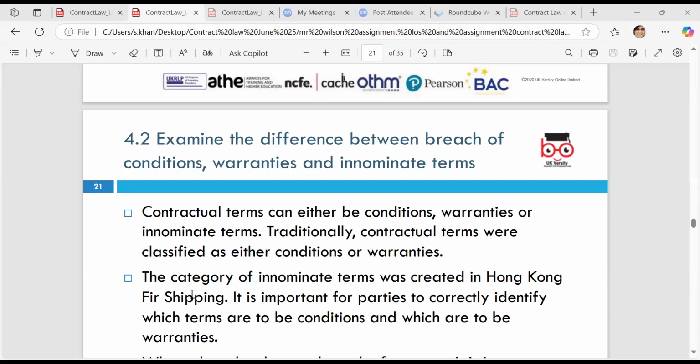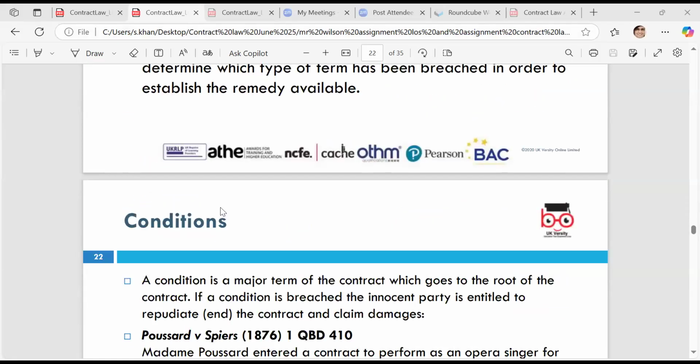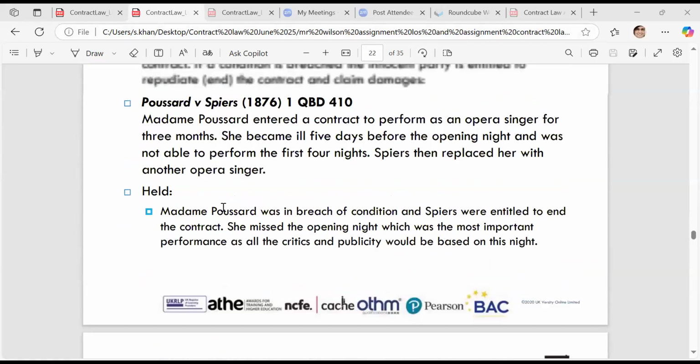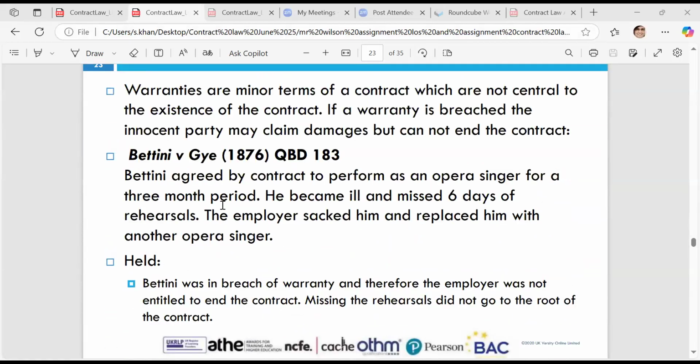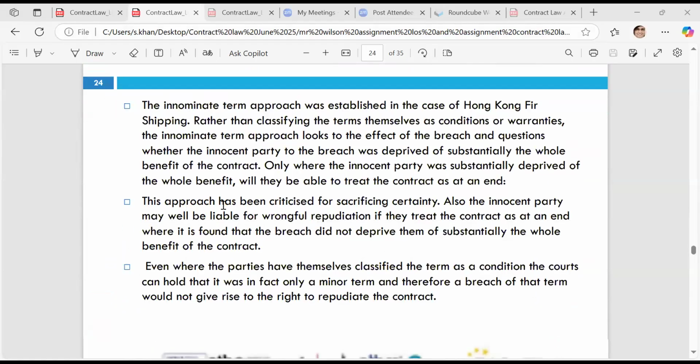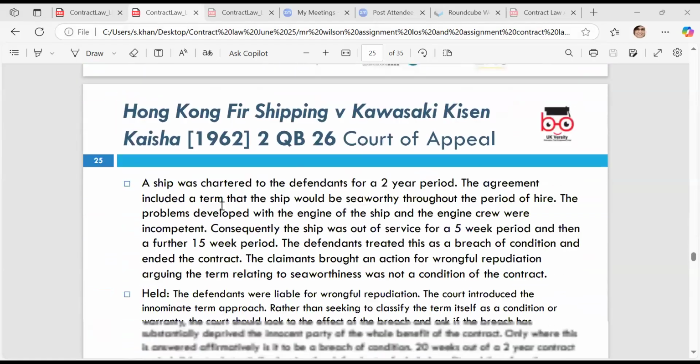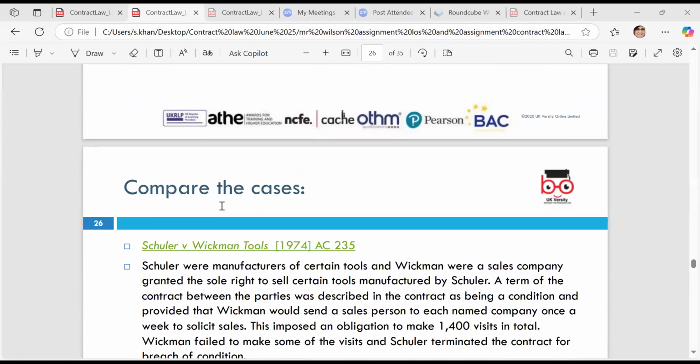Conditions are fundamental terms that allow the innocent party to terminate the contract, warranties are less crucial, and innominate terms are the middle ground. We've gone through Poussard and Spiers for conditions, Bettini and Gye for warranties, and innominate terms in the Hong Kong Fir and Kawasaki case.